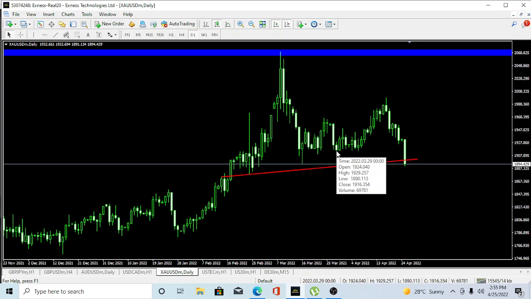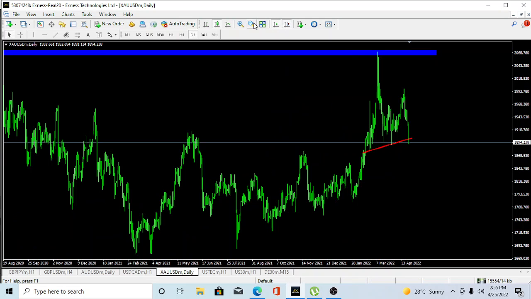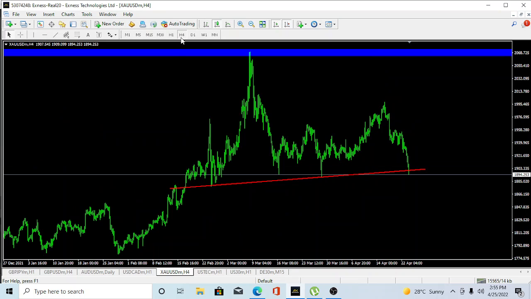So I won't dive down to the smaller time frames just because that's where things start to get a little bit more confusing. But the daily time frame and the 4 hour time frame are almost the same.